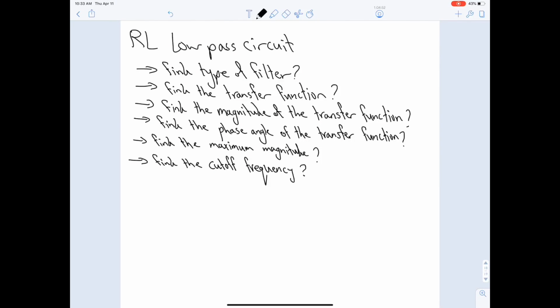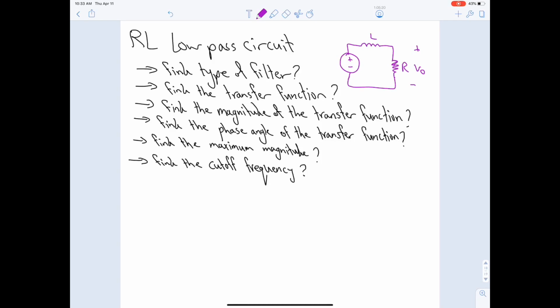Hello again. In the last video, we introduced the four types of filters and we analyzed deeply the RL low pass circuit. What did we find? We found the type of the filter of a simple series RL circuit, which was like this. We had an inductor on the top and a resistance at the bottom where V output is measured on the resistance.